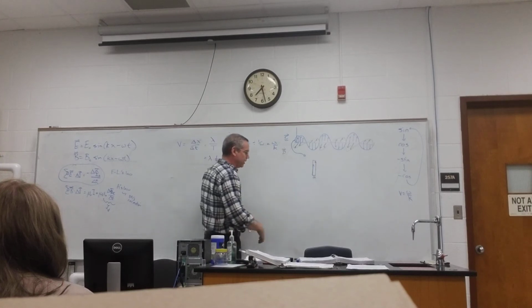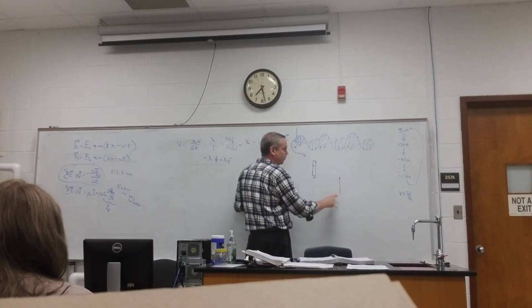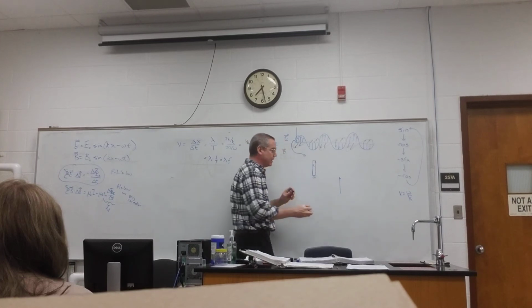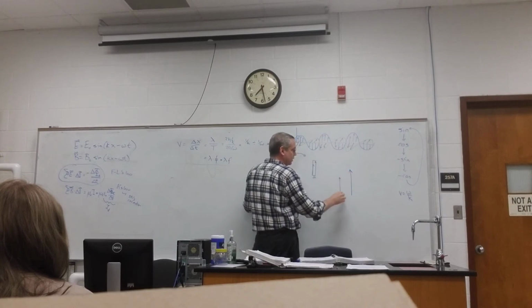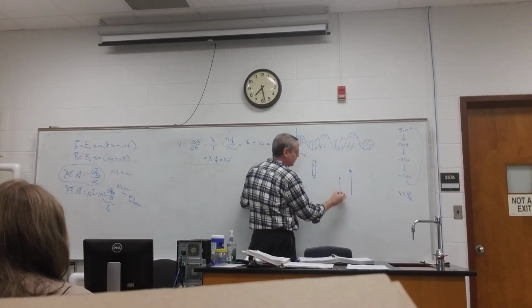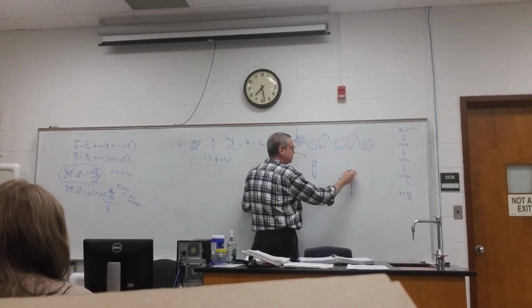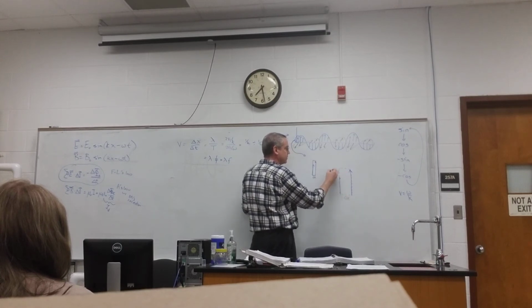I'm going to blow that up here just because I want the room. So I have the electric field at some moment in time, and then the next moment in time, some tiny distance apart, probably a bit extreme there. And I'm creating my loop to look like that. This distance here is delta x, and this distance here is h.